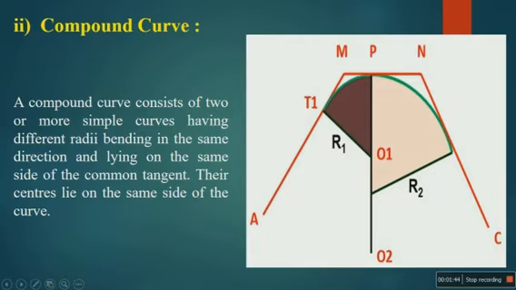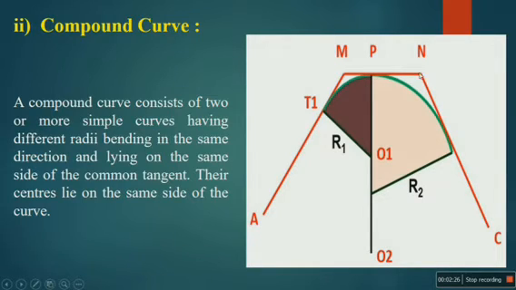Second one, compound curve. A compound curve consists of two or more simple curves having different radii, bending in the same direction and lying on the same side of the common tangent. Their centers lie on the same side of the curve. Just observe this diagram: this is the first arc and this is the second arc.